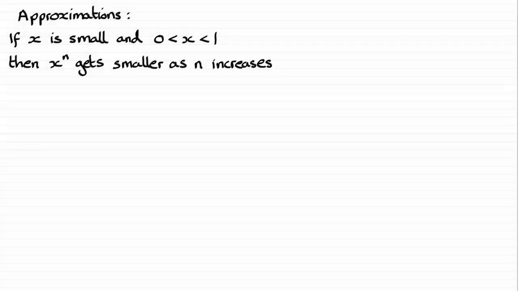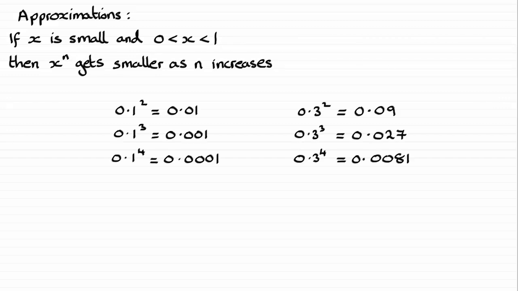Now, one of the things you can do with the binomial series is to use it to work out approximations in particular cases. That is, if x is small, lying between 0 and 1, then x to the power n gets smaller as n increases. I've got a few examples just to demonstrate that idea.